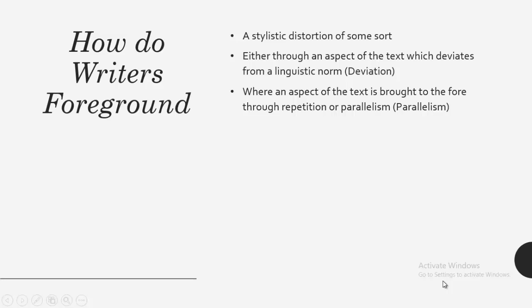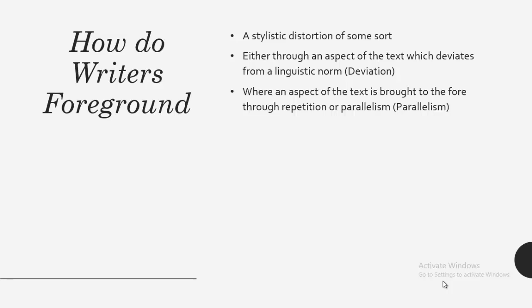So if there is a linguistic norm, if there is a specific rule, or if there are rules and regulations, just like we have grammar or other rules, we have morphological rules of making words, we have semantic rules of combining words to make them something meaningful.